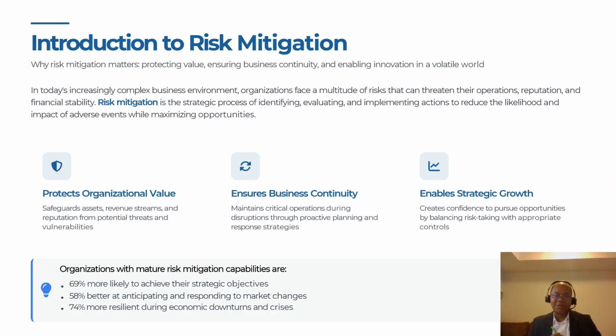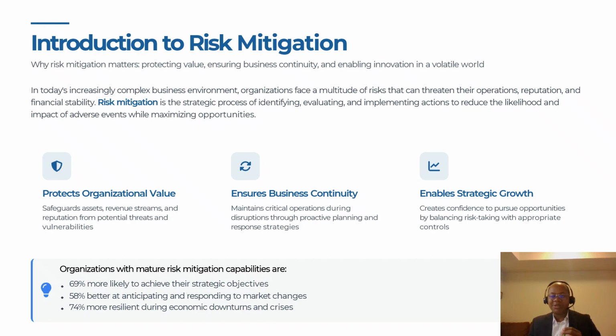Research shows that organizations with mature risk mitigation capability have 69% more likelihood to achieve their strategic objectives. Research also shows that organizations with a risk mitigation strategy in place are 58% better at anticipating and responding to market changes.